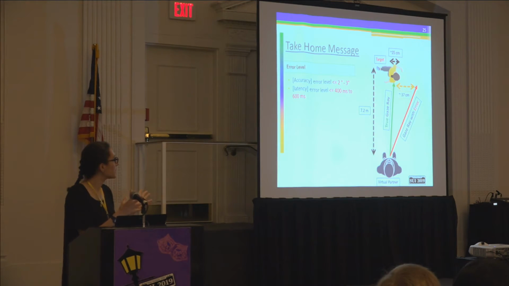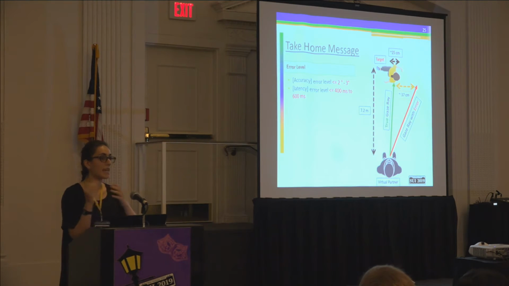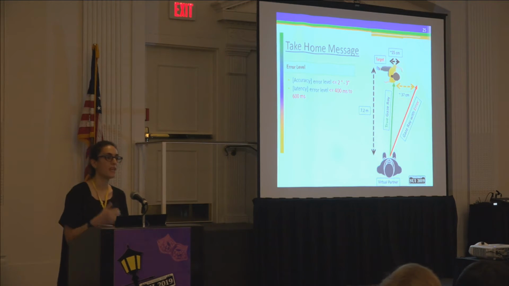To give you a relative understanding of what that means, for all of those errors that I just talked about, it will be something like almost 37 centimeters offset from the actual target. And that's why errors in accuracy and latency cause so much trouble for our participants, because there is a higher chance for them to make a mistake, or need more time to try to identify the target correctly.